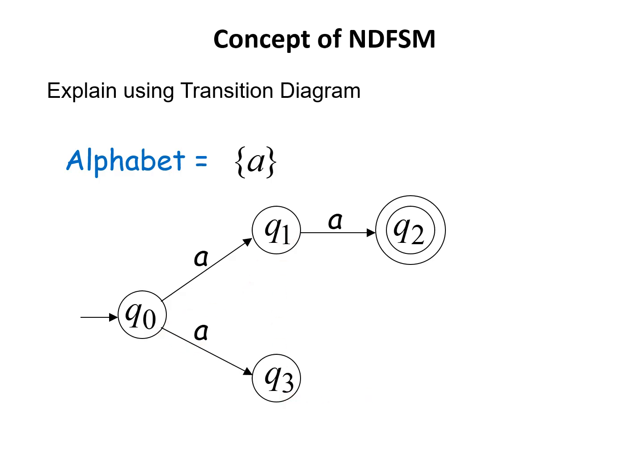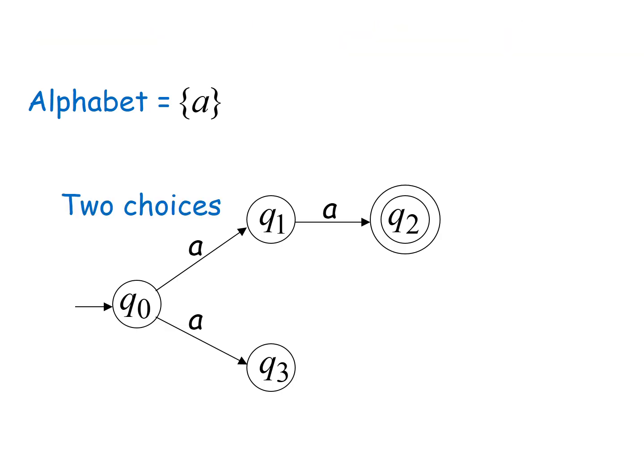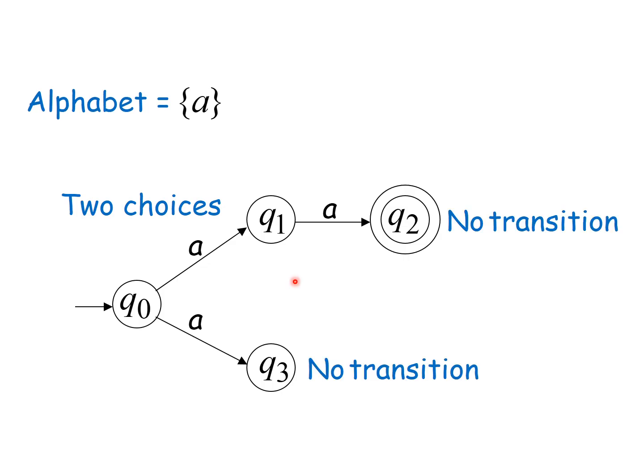That means on the same input, it may go to two different states. Two choices are there, and with respect to this choice, the machine gets confused. Before taking any decision, the machine has to trace two paths. In choice number one, q naught on A goes to q1 and q2. Then onwards there is no transition.